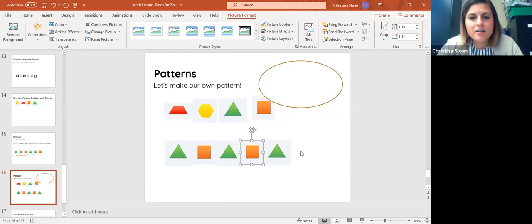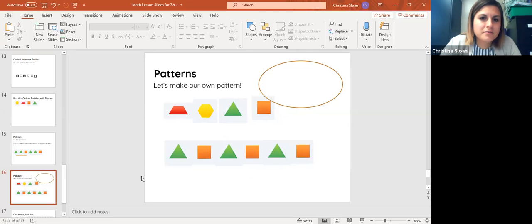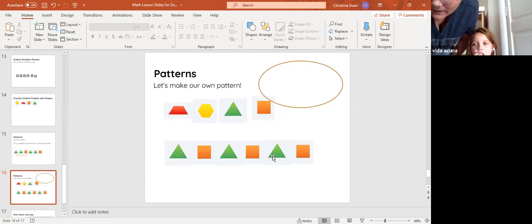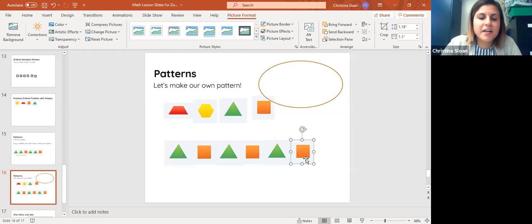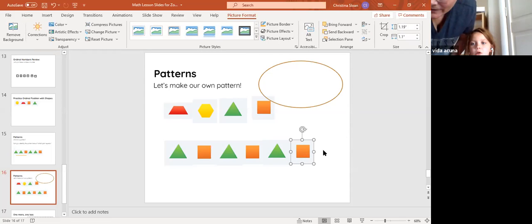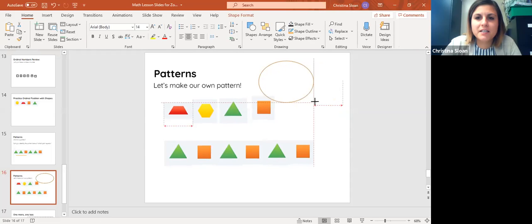All right. So Vita, what is our pattern? Can you read me our pattern? Triangle, square. Triangle, square. Triangle, square. Very good. So what comes after the square? Triangle. And what's the part that repeats? What group of shapes repeats?